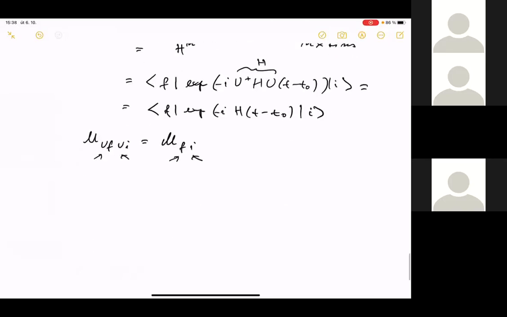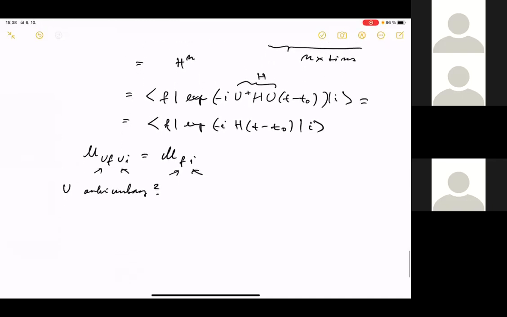What about the case when U is antiunitary? Then we have to be a little bit more careful.